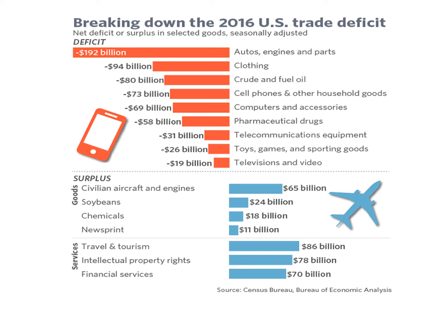So pharmaceutical drugs, you're like, wow, we have a $58 billion deficit in pharmaceutical drugs. Which is ironic because these big pharmaceutical companies in the United States develop a lot of these drugs, but then we produce them somewhere else, and a lot of the time that somewhere else is China.